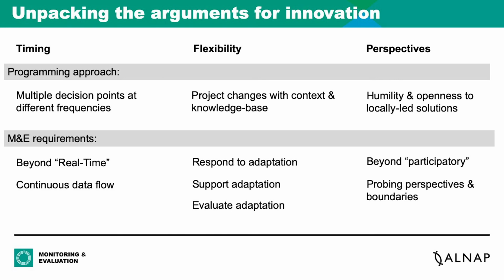And the last point on flexibility is that even if that's achievable, we also need to be able to evaluate adaptation. So to what degree can M&E systems stand back and ask critically the degree to which an adaptive approach improves the effectiveness or the relevance of humanitarian action? So there's a lot to ask from the flexibility argument, but it's worth crystallizing those different constraints and different requirements.